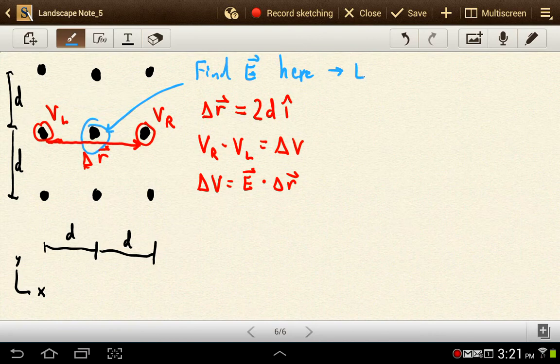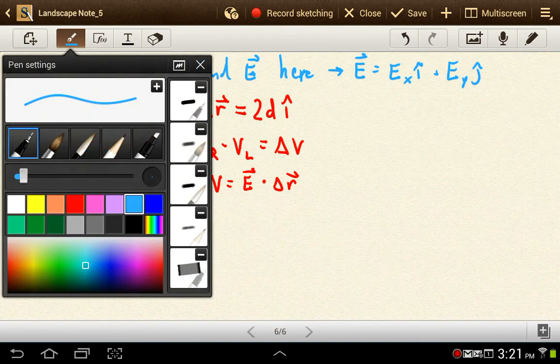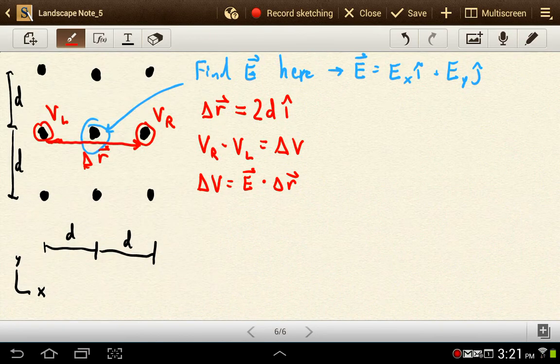I'm going to say the electric field has an X component and a Y component, right? That's generally what we assume. We're not going to worry about a Z component here. We're not going to be able to find it anyway, and you'll see why. We just assume there's no Z component or it's negligible.